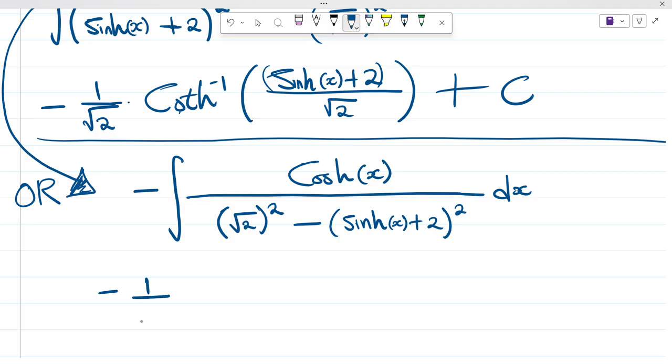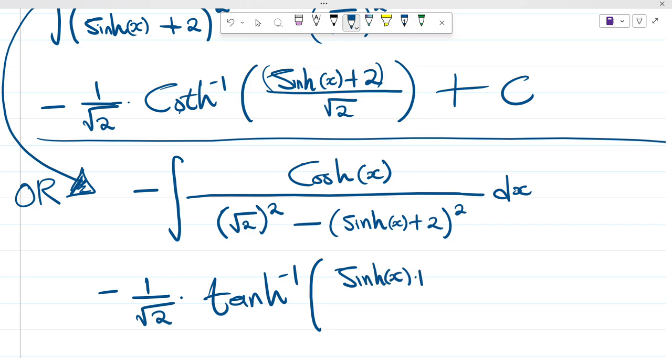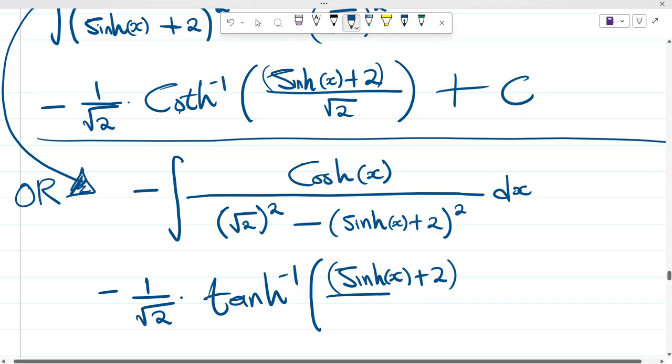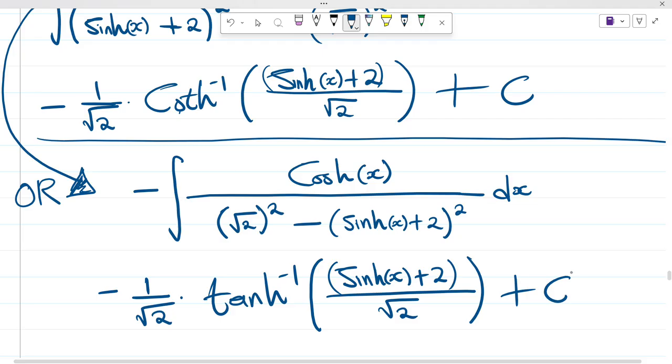So our a is root 2, hyperbolic tan inverse of my f of x being hyperbolic sine of x plus 2, and then all divided by square root of 2, and then plus c. Ta-da! You got the same answer. So both this answer and this answer are the correct answers for this question that we are dealing with here. So it's up to you which one you prefer the most.